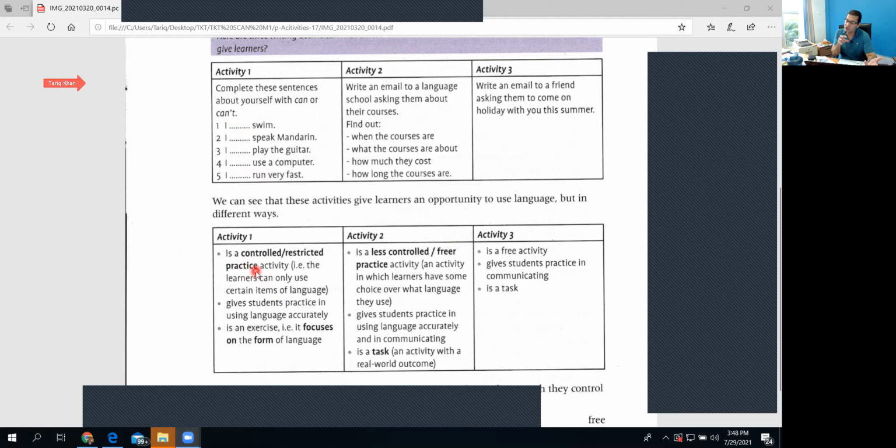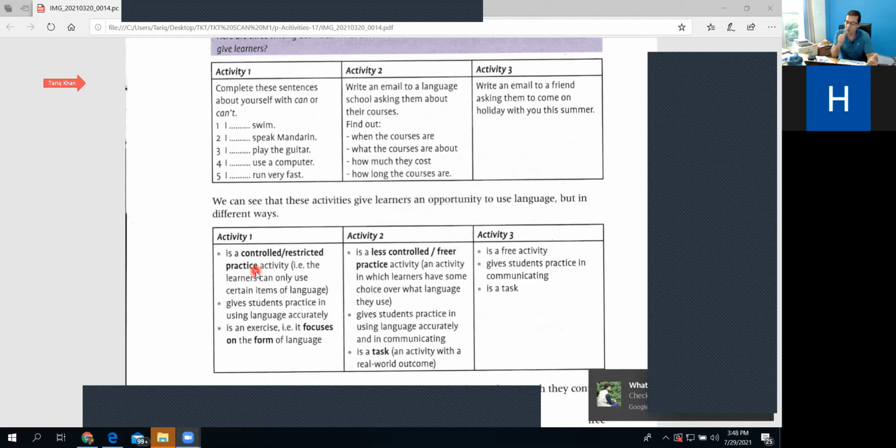Why do we call it controlled or restricted? Because the student does not have enough freedom in using the language. We have restricted the student in this particular activity to use only one or two words, so they don't have the freedom of using the language freely.